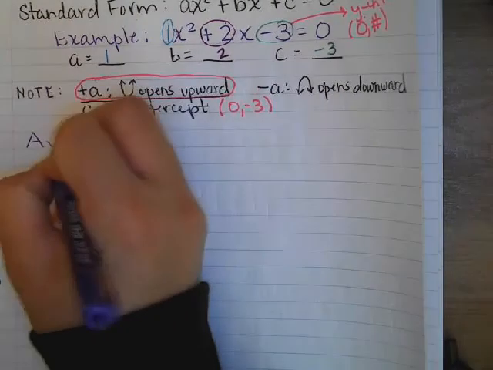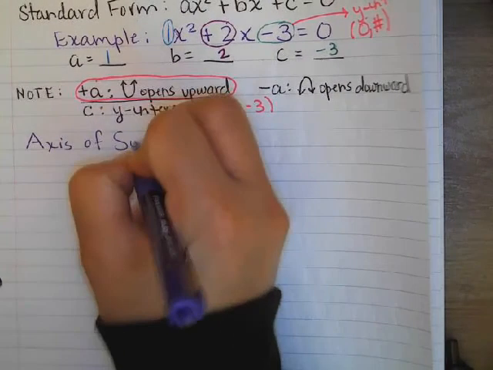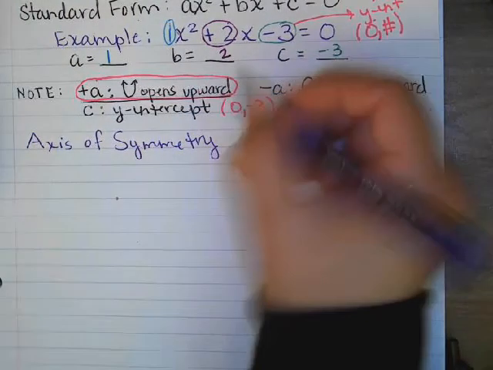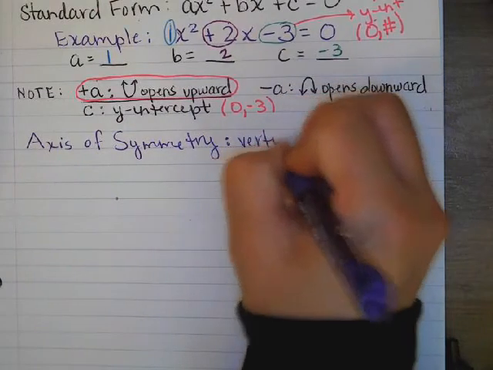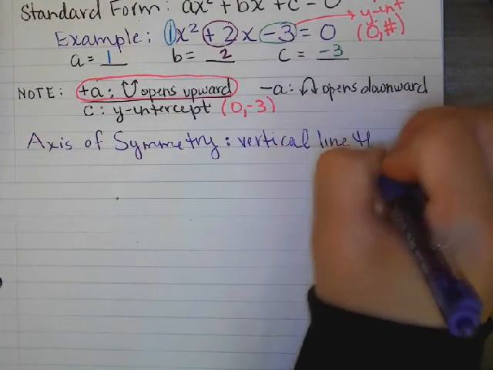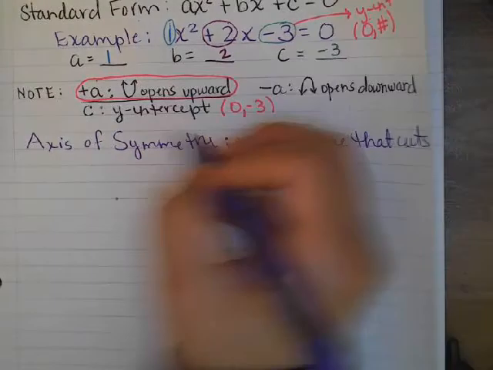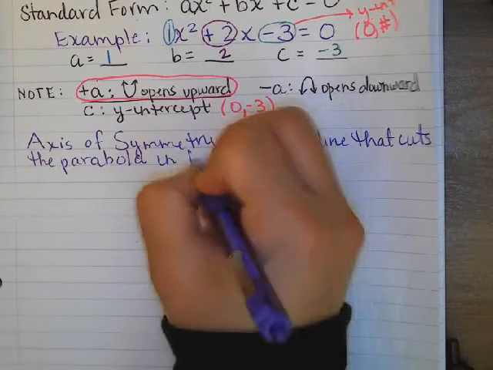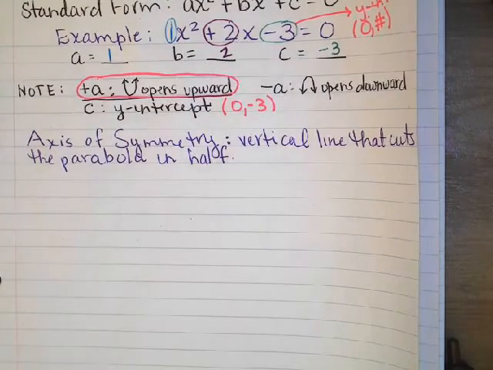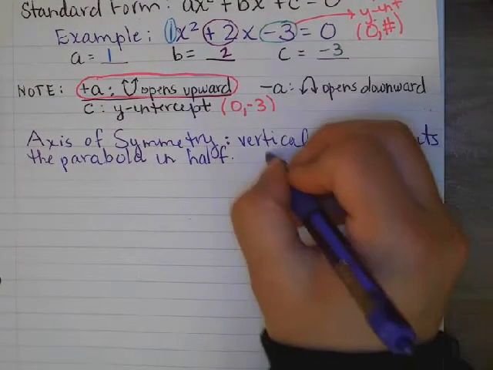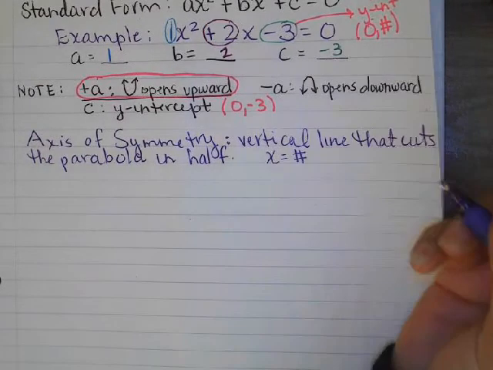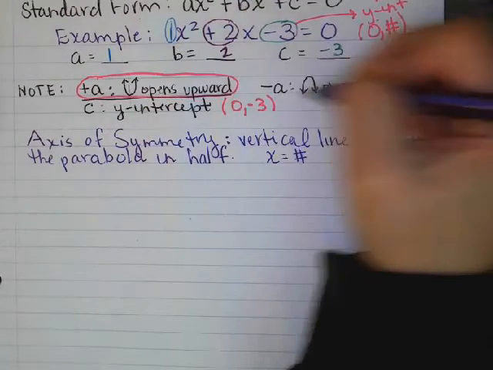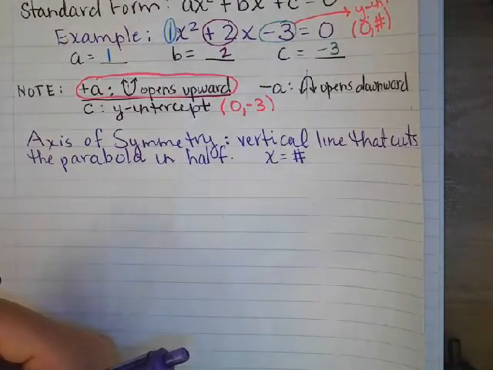The Axis of Symmetry is the vertical line that cuts the parabola in half. And we said that because it's a vertical line, it's always x equals something, right? It's always going to be a line like that, okay? You see? It's going to be a vertical line that cuts it in half.